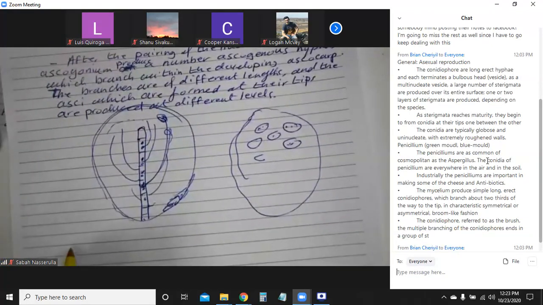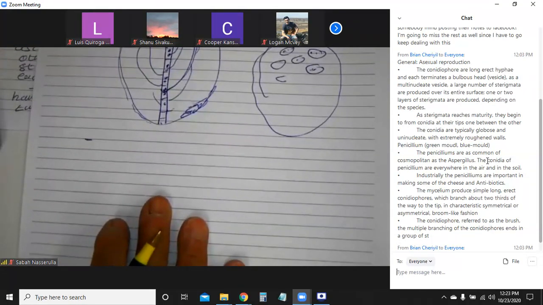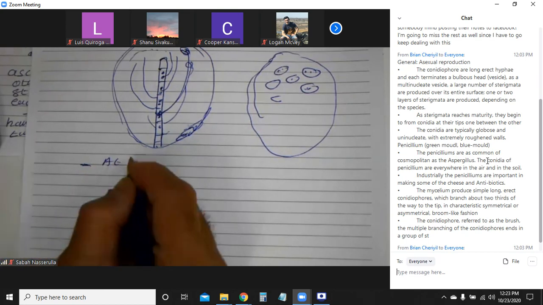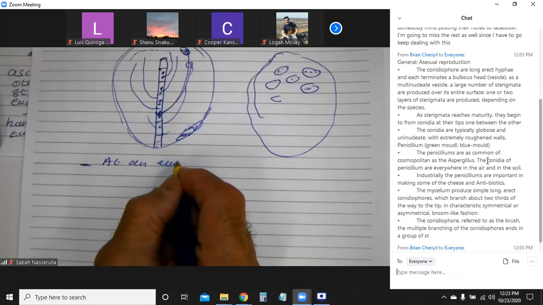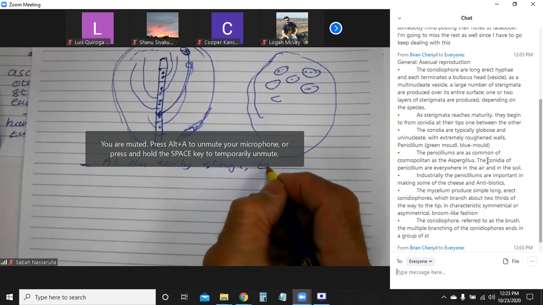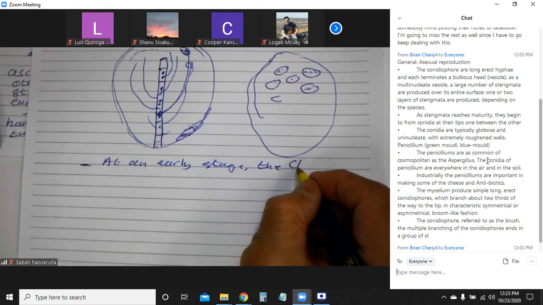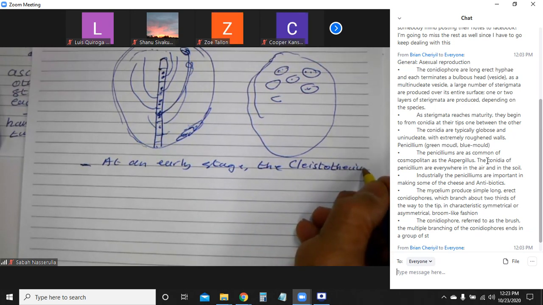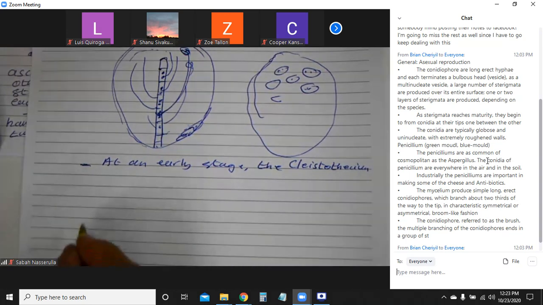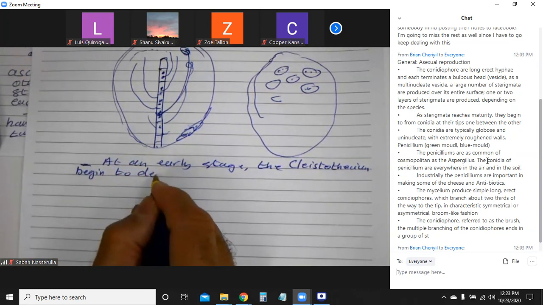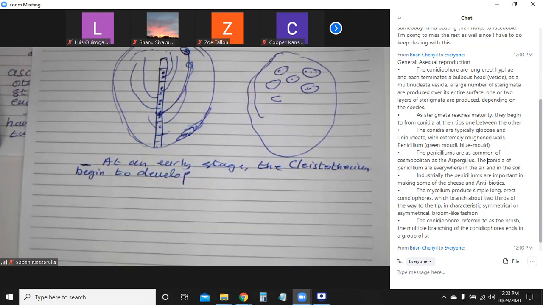Now, to continue with this one here. At an early stage, the cleistothecium begins to develop as a single layer of cells.